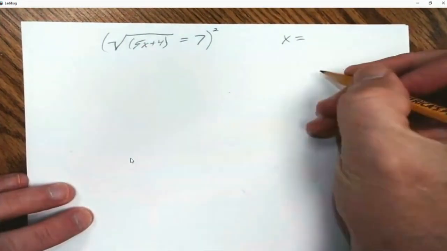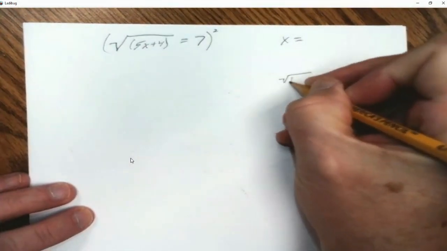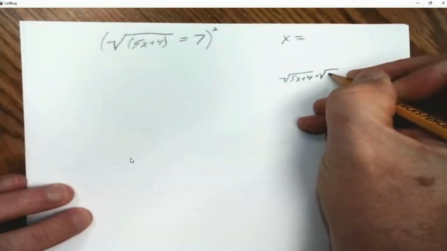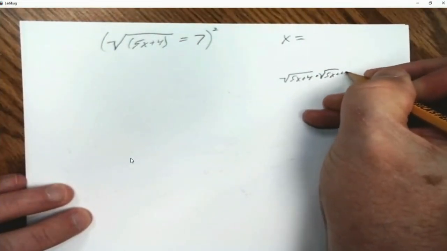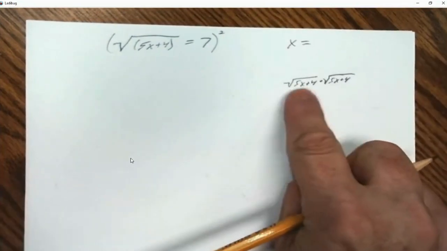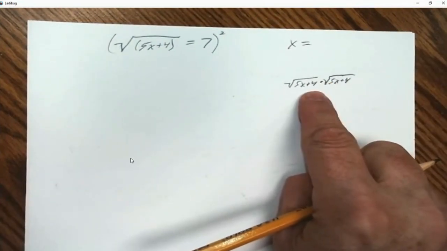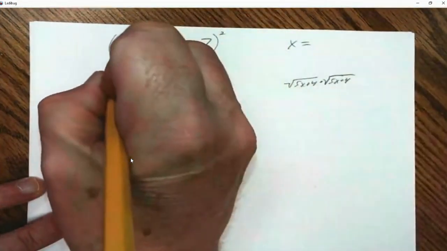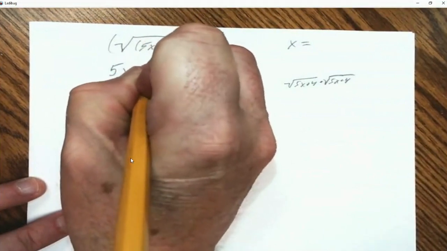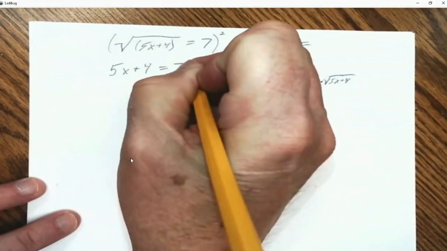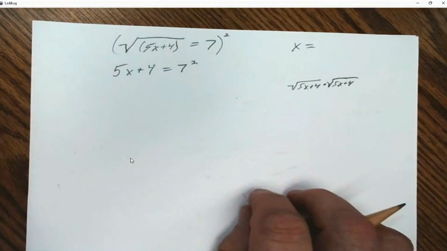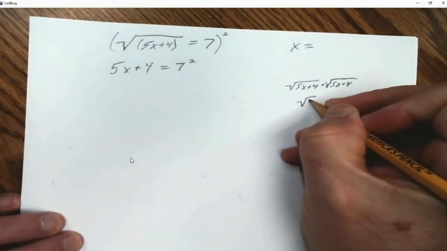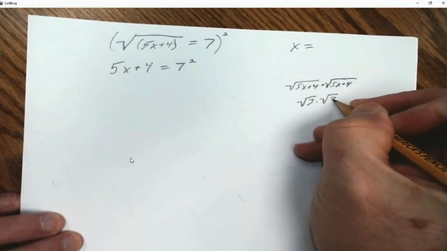So the square root of 5x plus 4 times the square root of 5x plus 4. It's the square root times the square root. Well, when you square a square root, they cancel each other out. So this just equals 5x plus 4 equals 7 squared. Just think of it like the square root of 3 times the square root of 3.